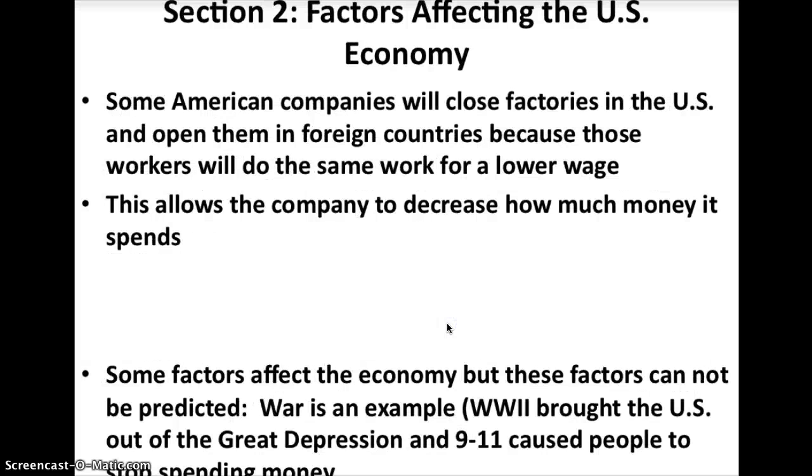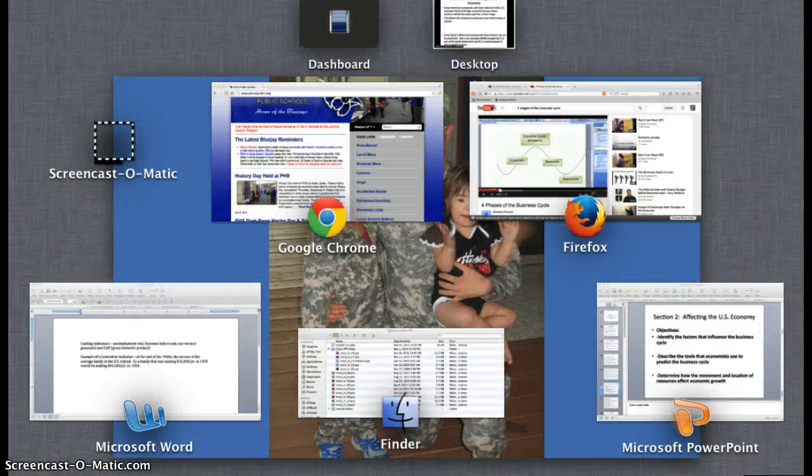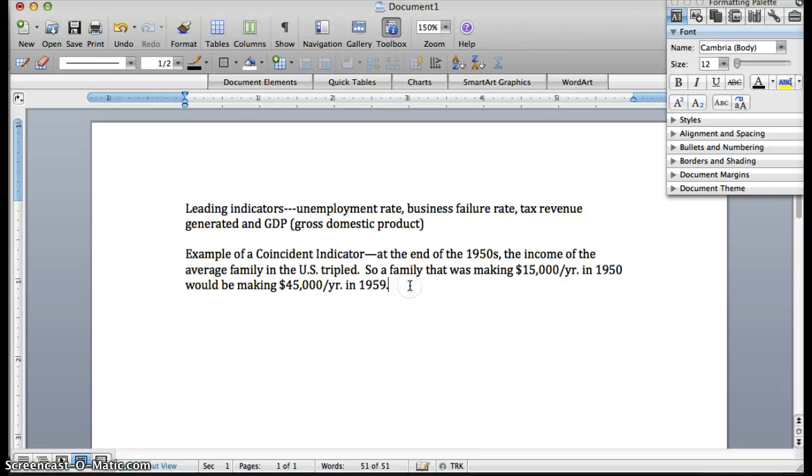Okay, next. It says some American companies will close factories in the U.S. and open in foreign countries because those workers will do the same work for a lower wage. I'm going to give you an example.